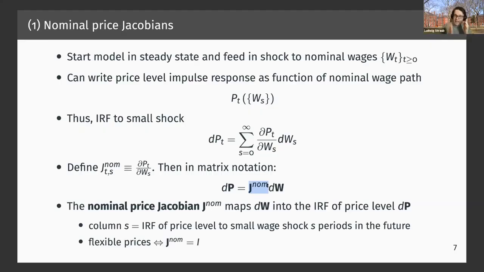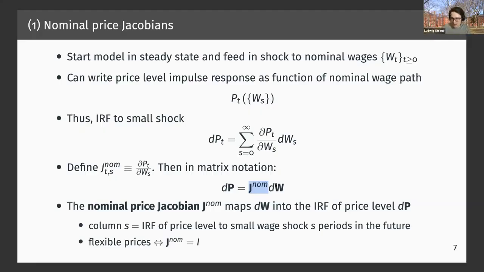Now I can get the second column by feeding in a shock to nominal wages at date 1. And again, I compute the price level over time, and I use that as the second column. And so, column by column, I can figure out exactly what these price level responses are to nominal wage shocks at different dates, and that gives me this J norm.